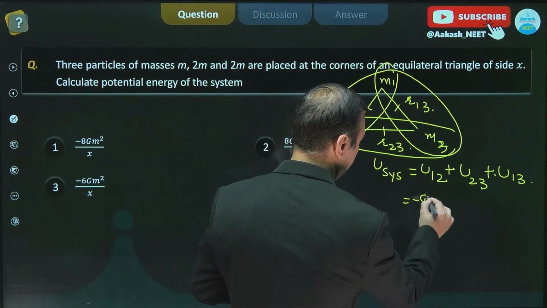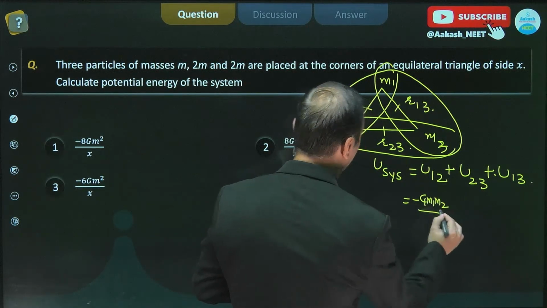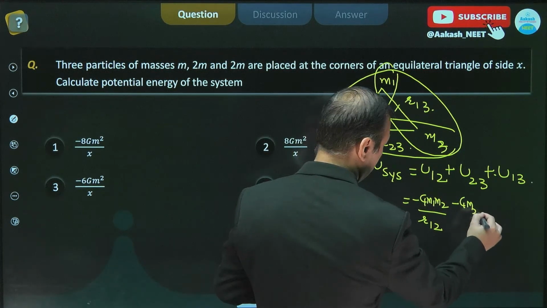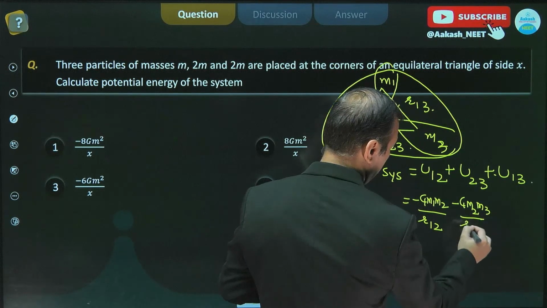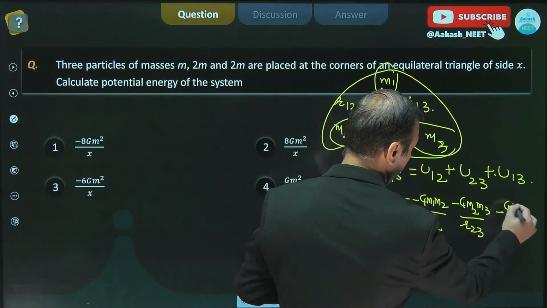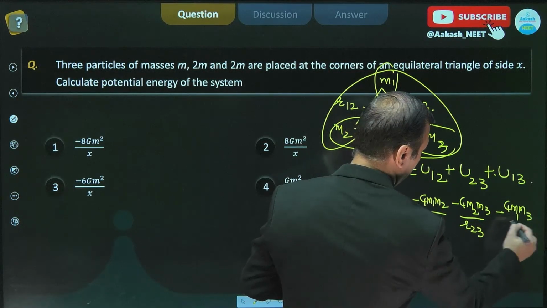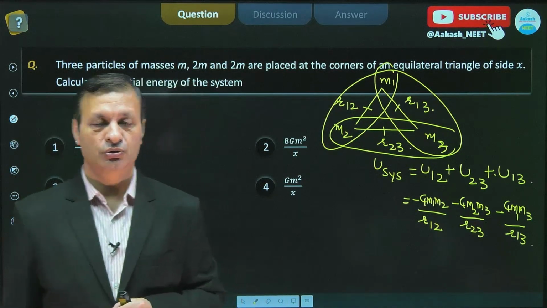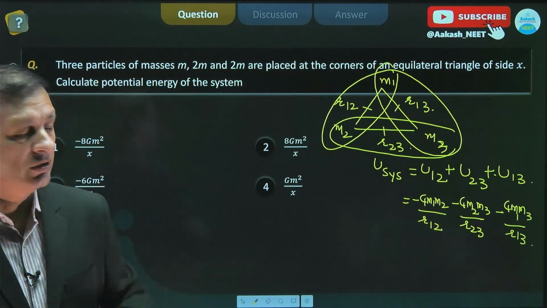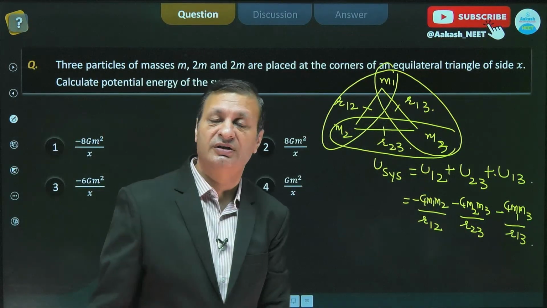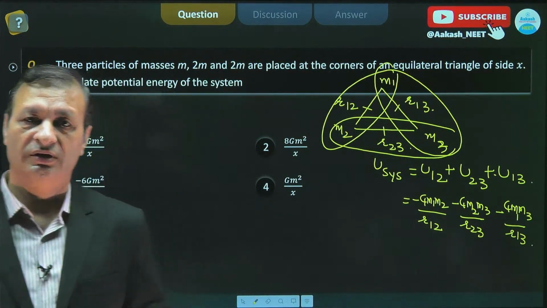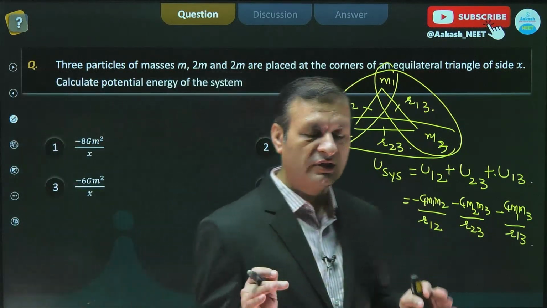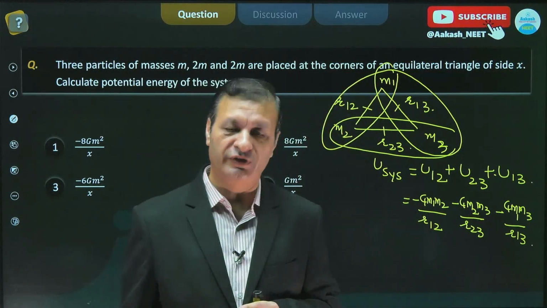This is minus G m1 m2 by R12. For the second pair, minus G m2 m3 by R23, and this is minus G m1 m3 by R13. So this configuration will have potential energy given by this expression. I hope now we are clear on gravitational potential energy for a configuration.